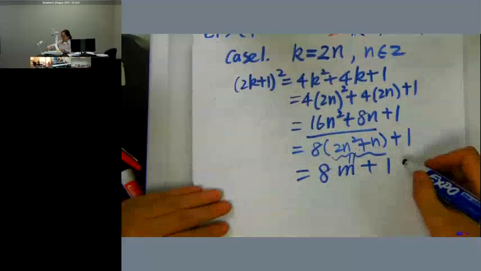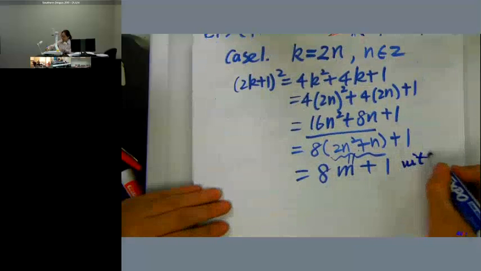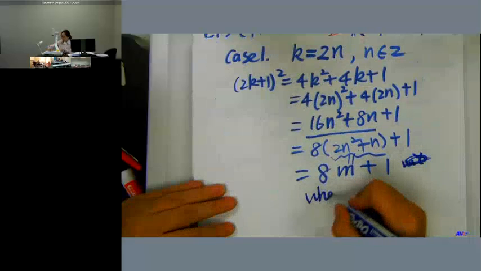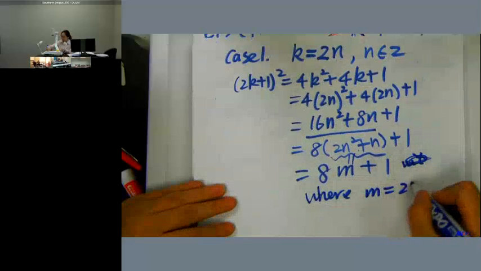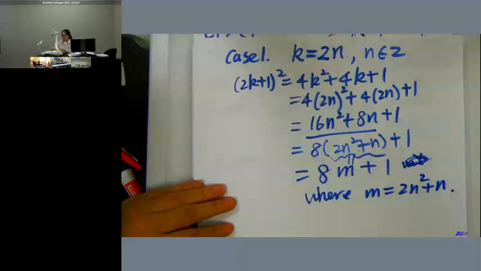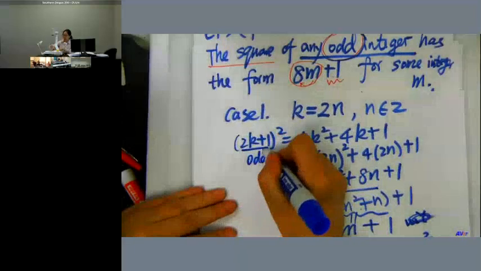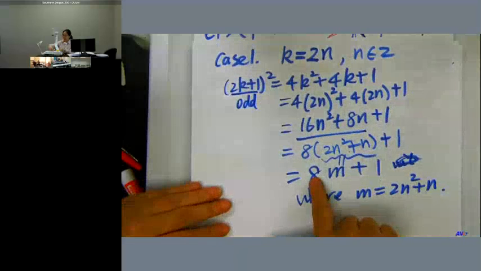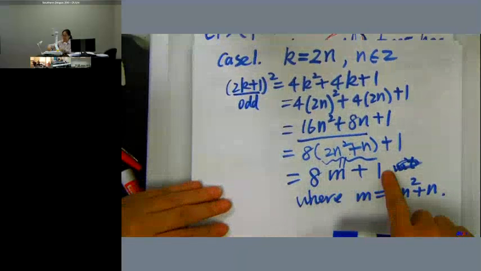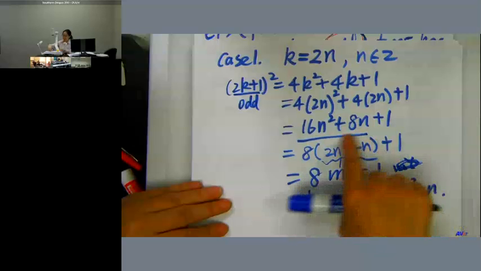Okay. So I can specify where m is equal to 2n squared plus n. So look, I proved the square of an odd integer is equal to 8 times an integer m, plus 1. That m here is an integer.